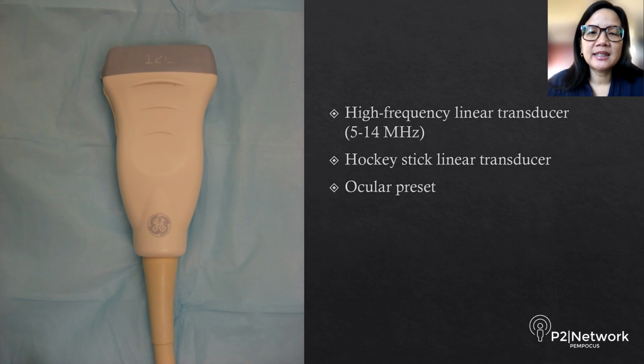If your ultrasound system has an ocular preset, you should use that because with the ocular preset, the thermal index and mechanical index are lower, and this results in the eye and its structures being exposed to less energy. If you don't have an ocular preset, you can use either an MSK or small parts preset and then lower the dynamic range and the mechanical index.